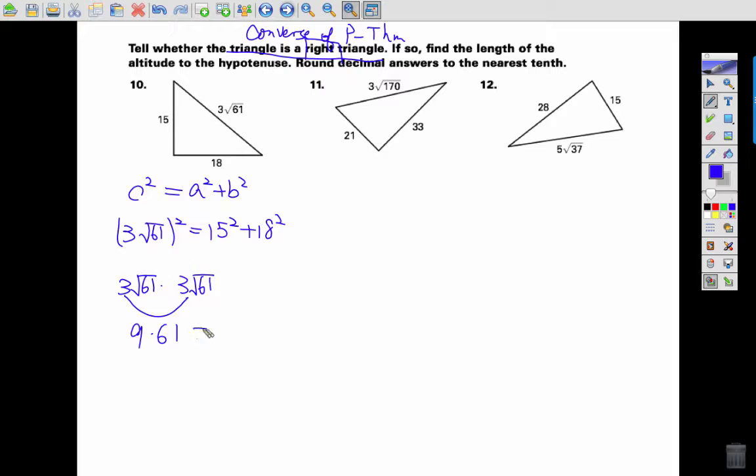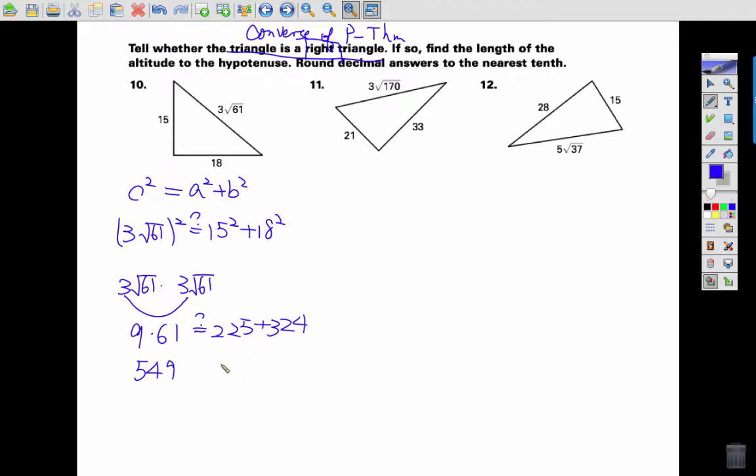That's the left-hand side. On the right-hand side, I would have 15 squared is 225. 18 squared, I don't know off the top of my head, is 324. I'm still not sure if these are equal yet.